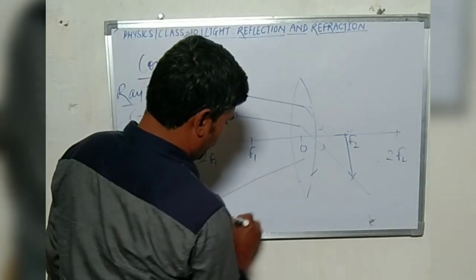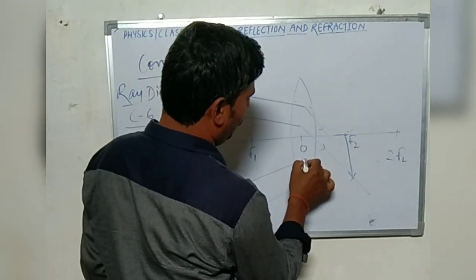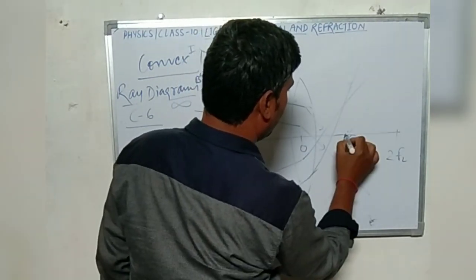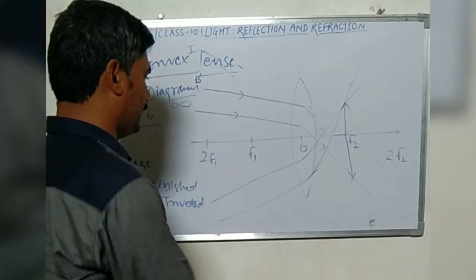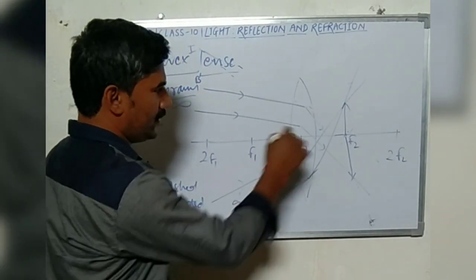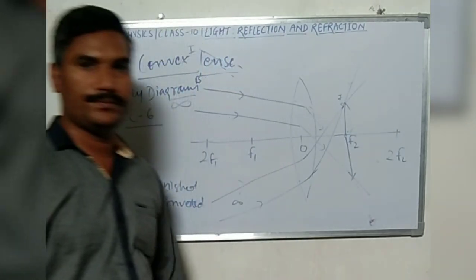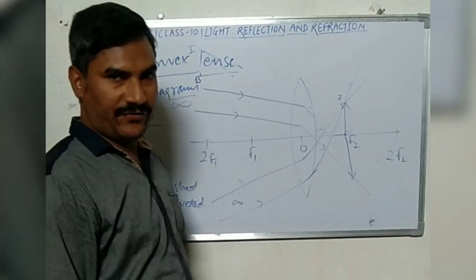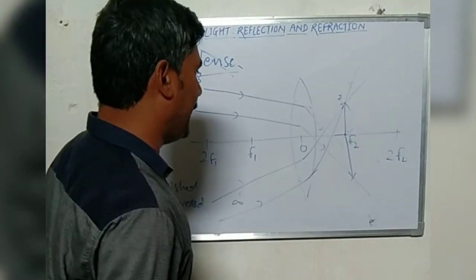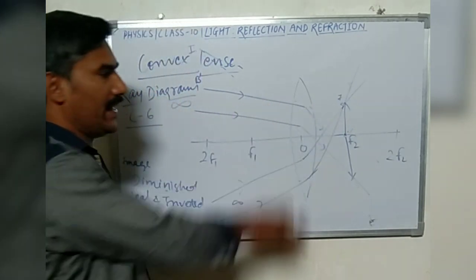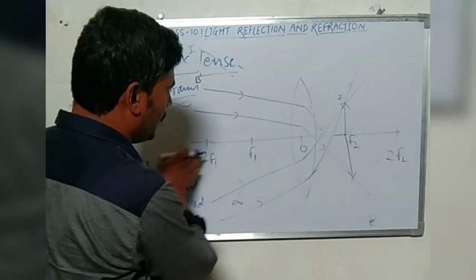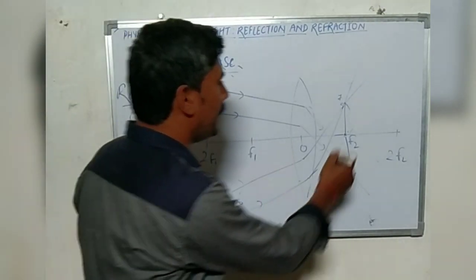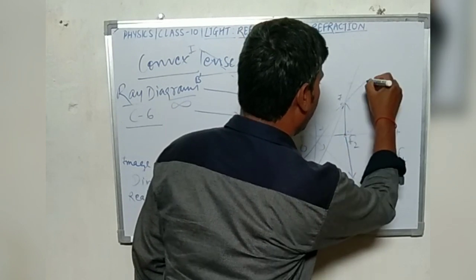Suppose the rays are coming from this direction, then after getting converged they will meet here, means the image will be formed just above the F2. It means whenever the rays are parallel, it hardly matters whether the rays are parallel to the principal axis or not, the image will be formed at the focal plane.